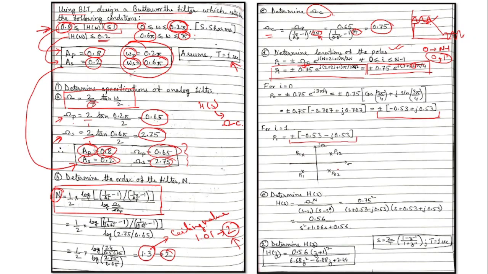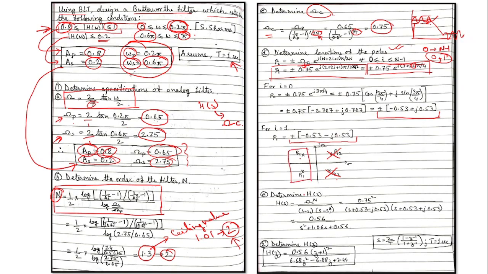Now in the S plane, we need to plot these values, so we will get these 4 poles. But from our literature we know that there cannot be any poles on the right hand side. So we will not consider these two poles, and we will go with the other two.